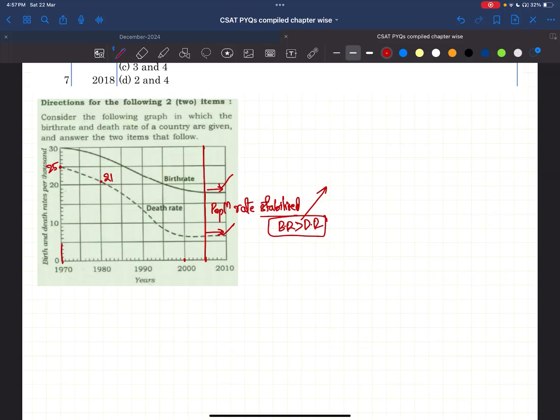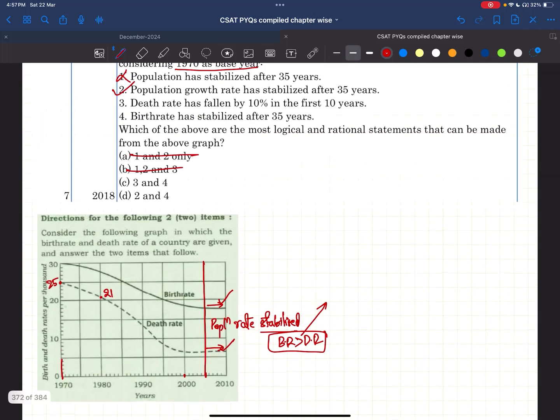Now we need to calculate the percentage drop in the death rate. That means the percentage drop will be 25 minus 21 by 25, that is 4 by 25 into 100.